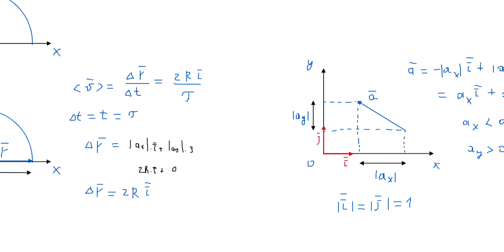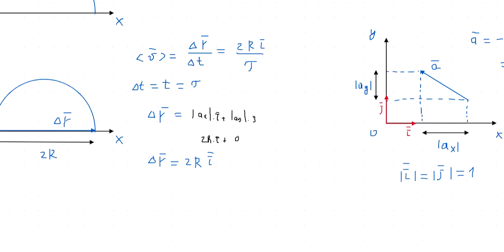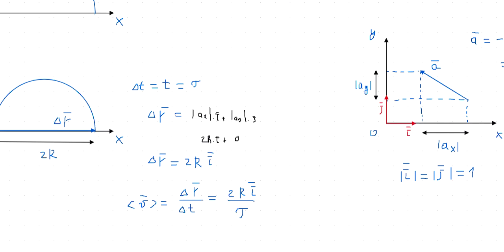And how to find modulus of this average vector? Because according to the condition, we have to find modulus of average velocity.